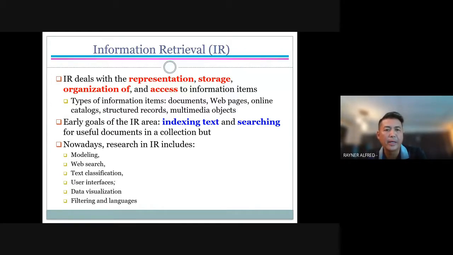So nowadays, the technologies used in IR include modeling, web search, text classification, designing user interface, and also data visualization, filtering, and languages. These are some of the research involved in IR.